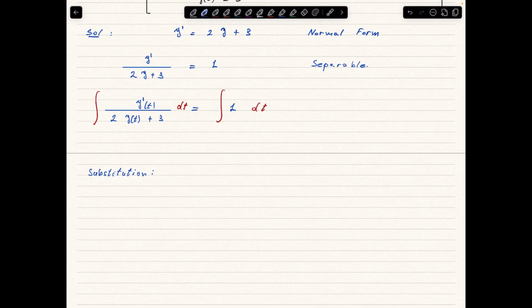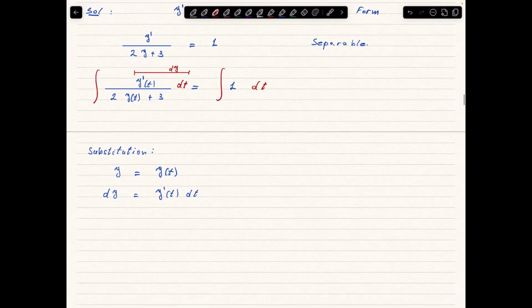Well, the usual substitution: y, the new variable of integration, is the old unknown function. Then the differential dy is going to be the derivative of this function times dt, and this is exactly what we have here. This here is dy.